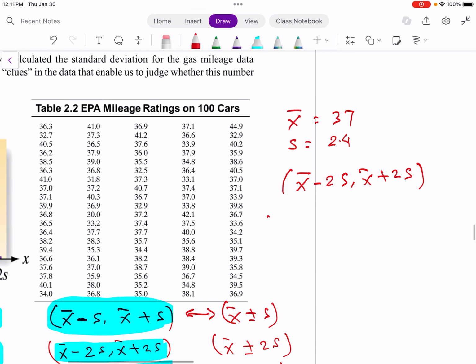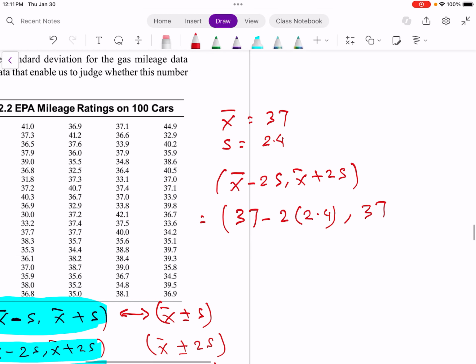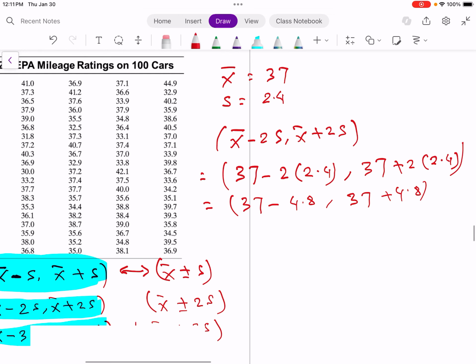Now x bar is given as 37 minus the standard deviation 2.4 times 2, to 37 plus 2 times 2.4. This is 37 minus 4.8 to 37 plus 4.8.